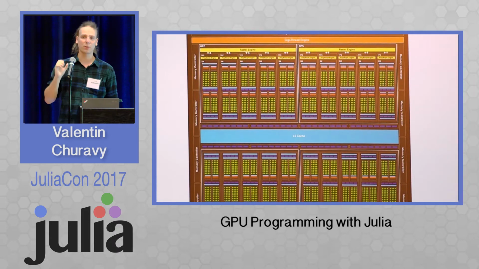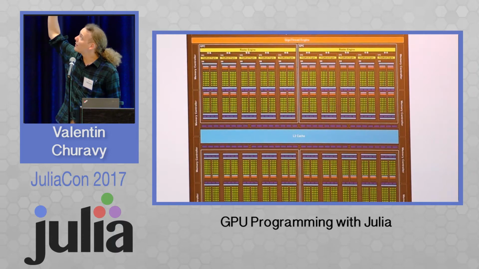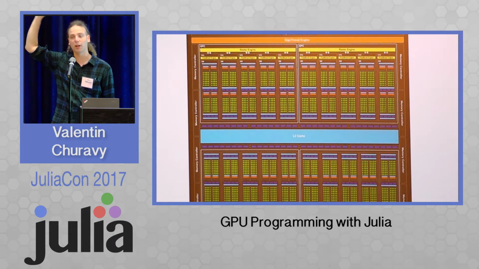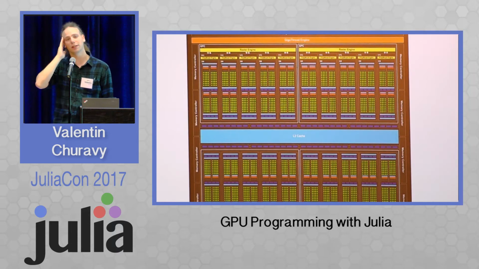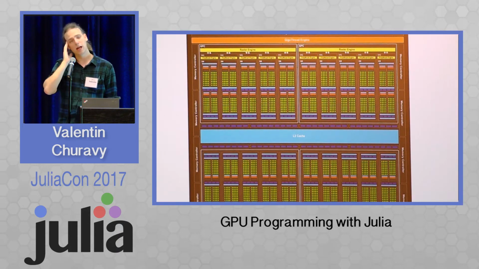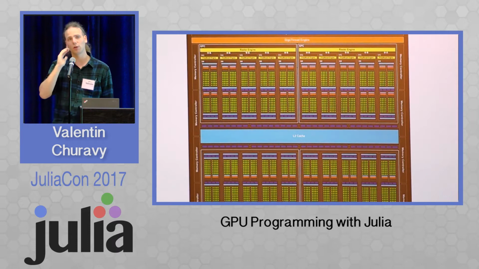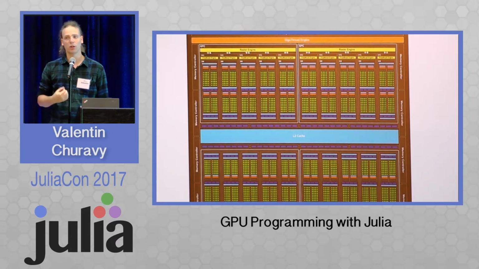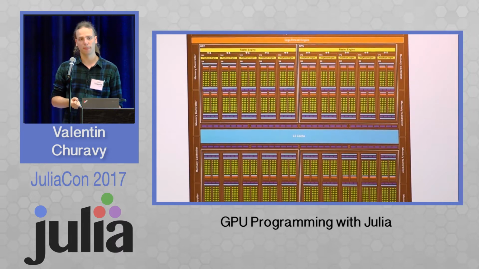They don't operate completely independently, but all of these can do operations at the same time. And everything that's blue is memory. And you see the memory hierarchy here is actually quite complex, and you need to take it into account once you start to write low-level GPU code.